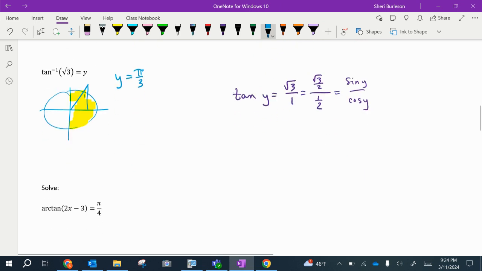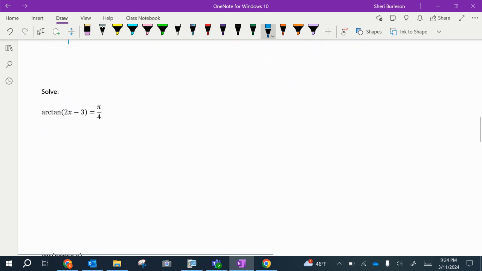And then we did solving of equations. So if I have arctangent of 2x minus 3 equals pi over 4, I can convert my equation. If arctangent of something equals the angle, that means the something is equal to the tangent of that angle.